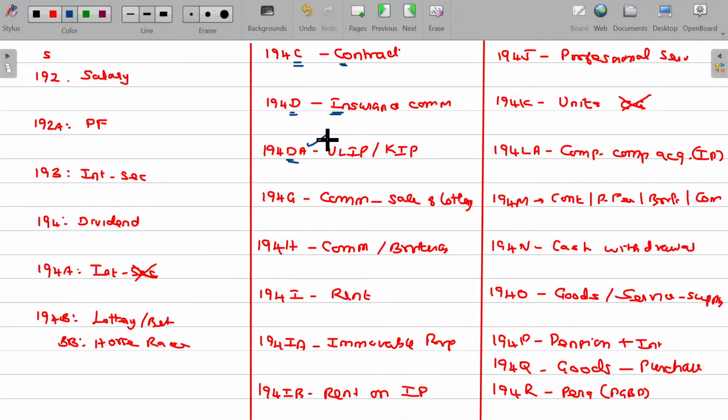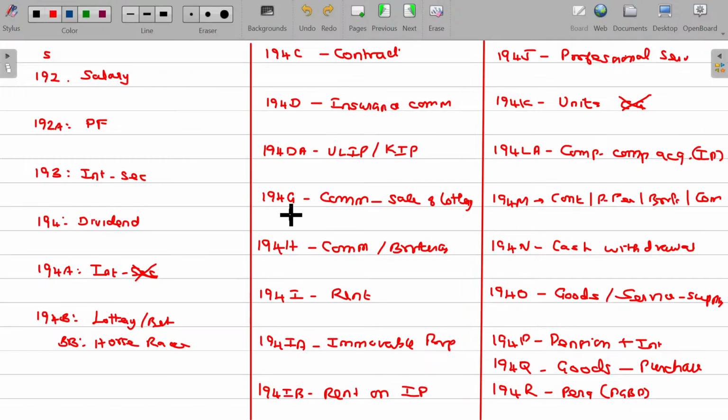A represents annuity form, so you can easily remember. Any payment for a contract, TDS is applicable under section 194C. LIC agents will get TDS on their insurance commission under section 194D, and if you are getting the maturity value of a Keyman insurance policy or ULIP policies and all, 194DA will be applicable for the TDS.